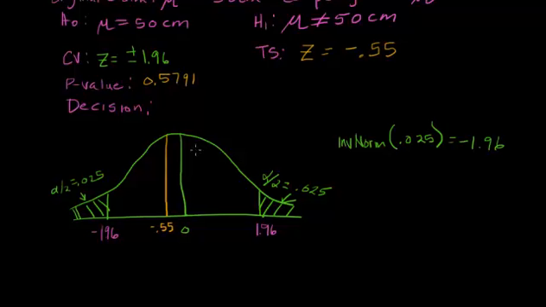So we can tell that what we're seeing is this area here as our p-value. 0.5 would be at the mean, right? So our decision: is the test statistic in the critical region? No, it's not. Is the p-value greater than alpha? Much, much greater. So we fail to reject H0.